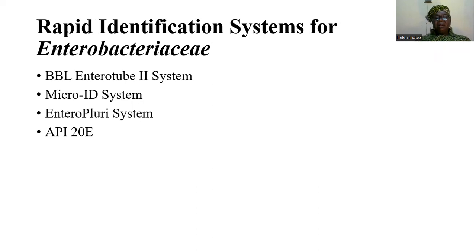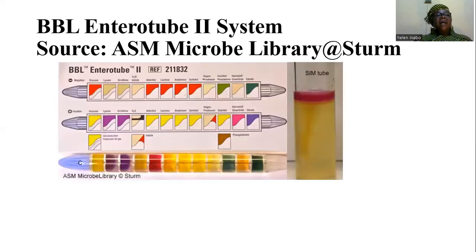Using the BBL Enterotube II system, here you have the image sourced from the American Society for Microbiology laboratory. It is a tube which consists of 12 components, and various tests are carried out.